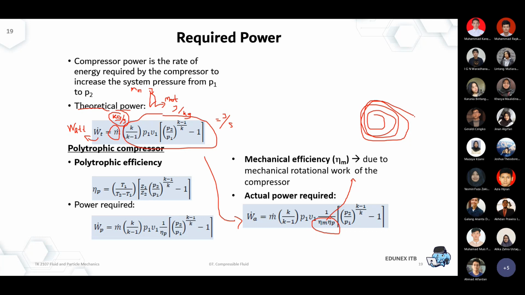Because of this very high RPM, there will be some heat loss, vibration, abrasion, erosion, and so on. That could cause some heat loss.